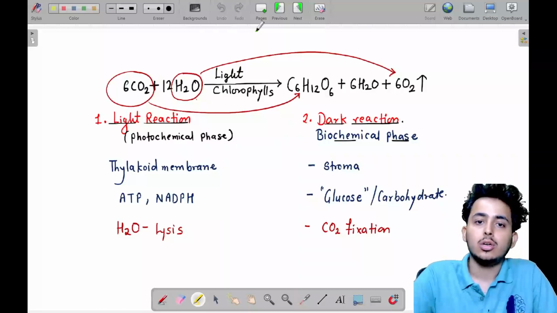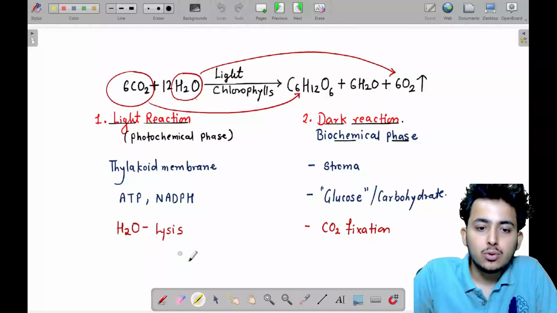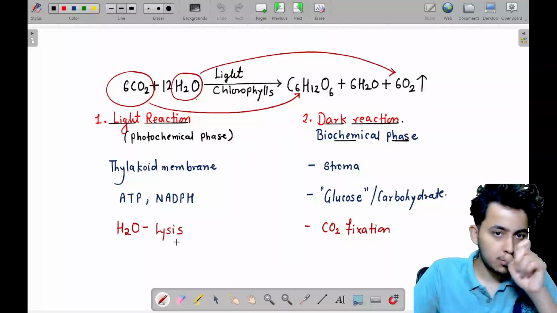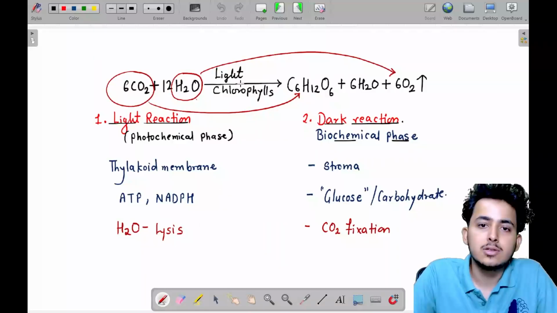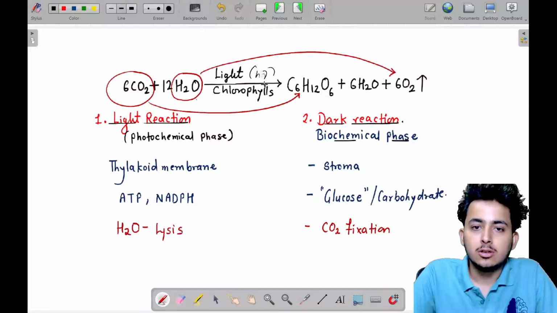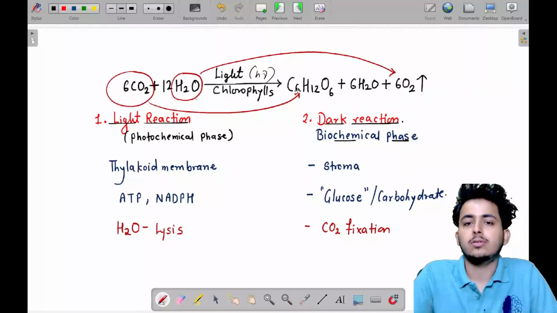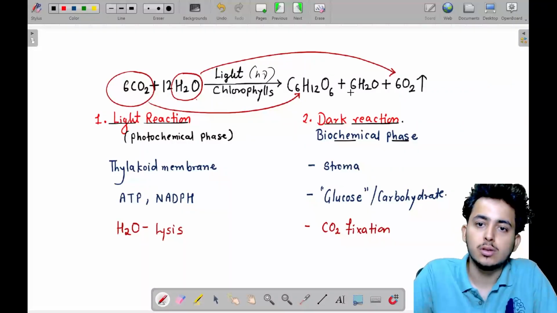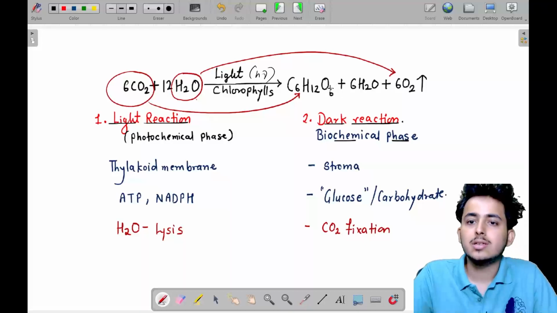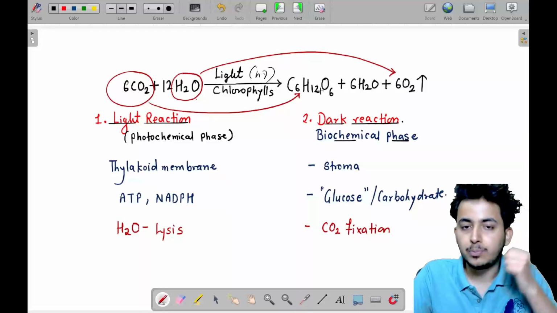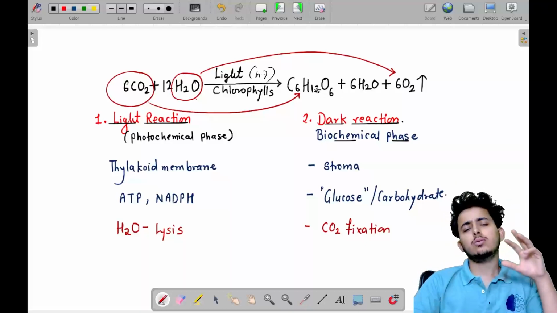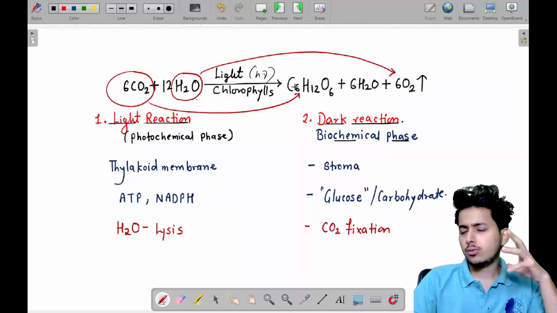Now, you know the equation of photosynthesis: 6CO2 plus 12H2O, in the presence of light and chlorophyll, give rise to C6H12O6, that is glucose, 6H2O and 6O2. This is the equation with which each one of us is familiar.